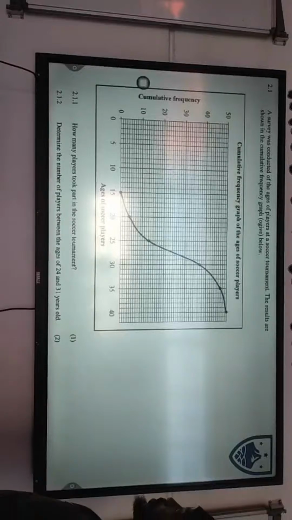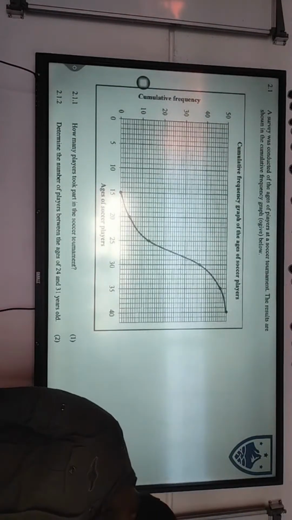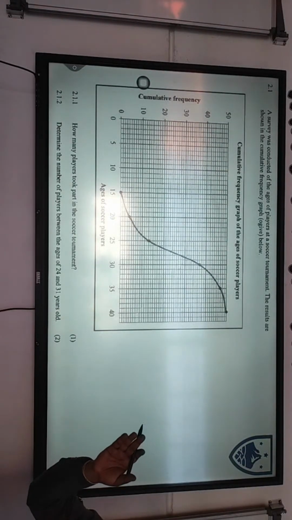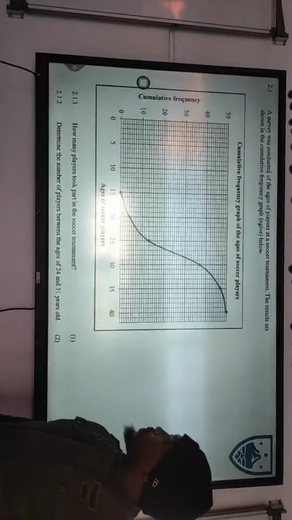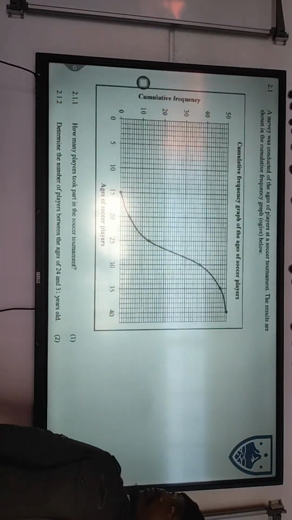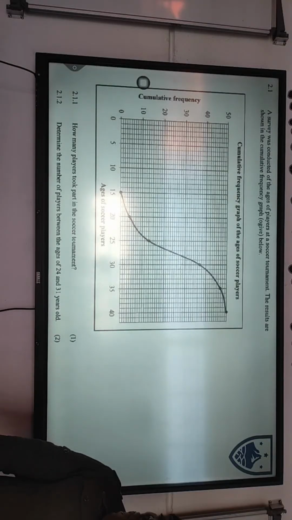Let's take a look at a question that was given, I think, in 2024. We're given a cumulative frequency graph, and we need to know what every item, or every point, actually means. Let's take a look at 2.1.1.